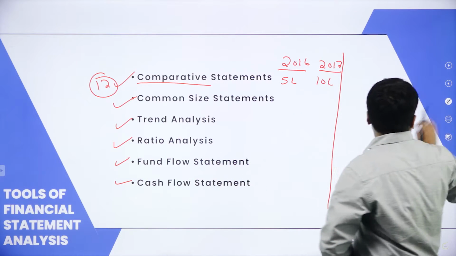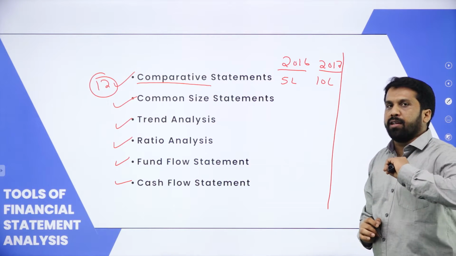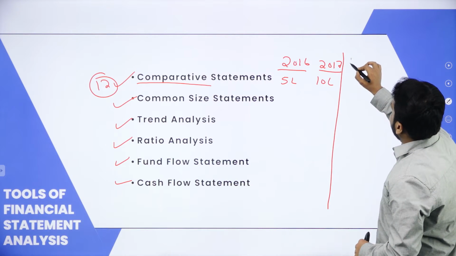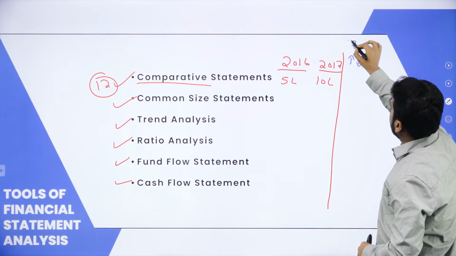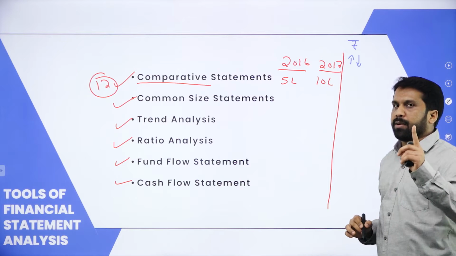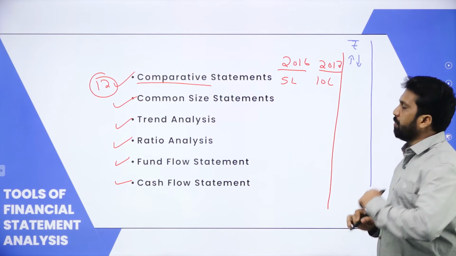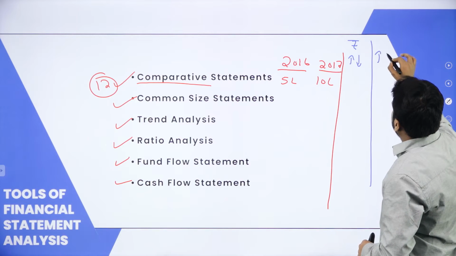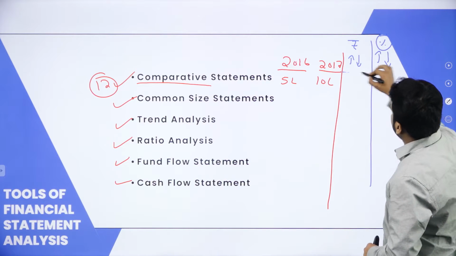Now, you have to add 2 more columns, which are increase or decrease in rupees, and as the last column, increase or decrease in percentage.